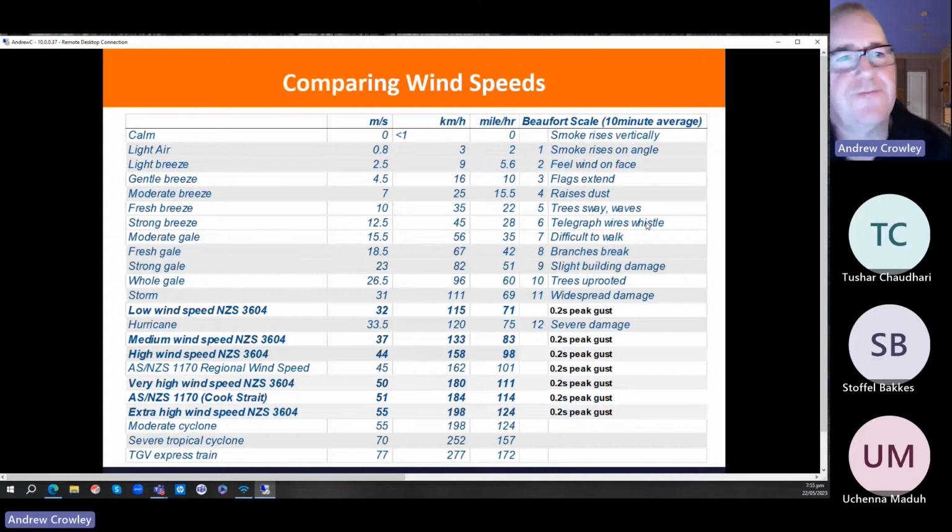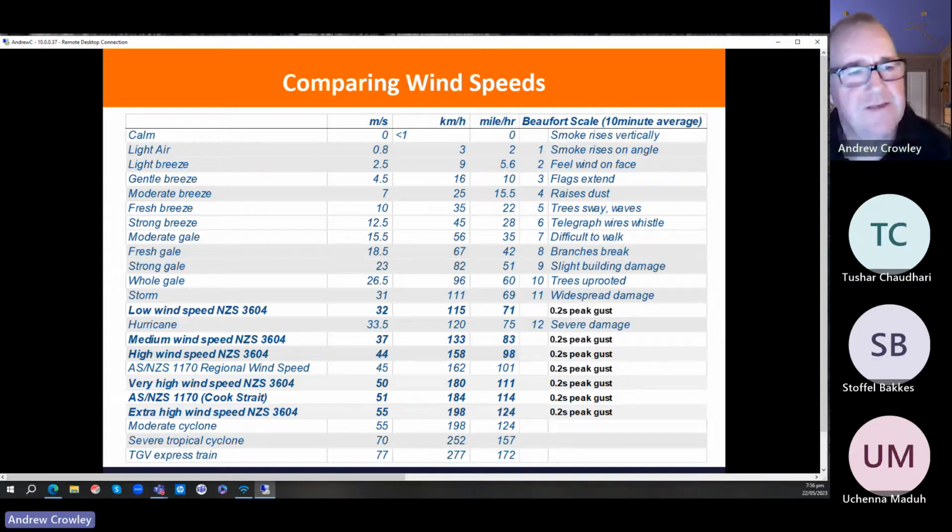So just for a bit of fun, we'll compare wind speeds, and the famous wind speed chart is called the Beaufort scale, well over 100 years old, probably 200 years old now. And they had a scale of 1 to 12 from light air through to hurricane. And you can look at the NZS 3604 figures and think, well, a low wind speed is even higher than a storm.